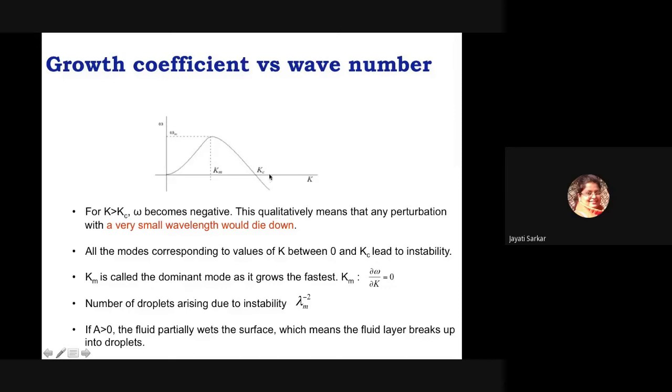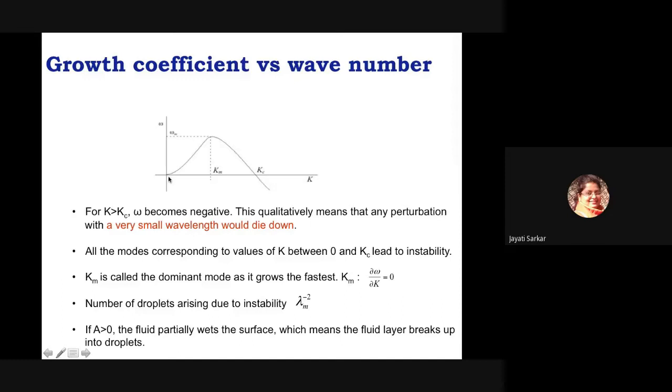Beyond that, if you increase k, meaning the wavelengths are very, very small, then you don't get any instability in the system. This is a proof that in thin liquid films, the waves are actually very long wave. k is just the inverse of the wavelength, as we have defined earlier.